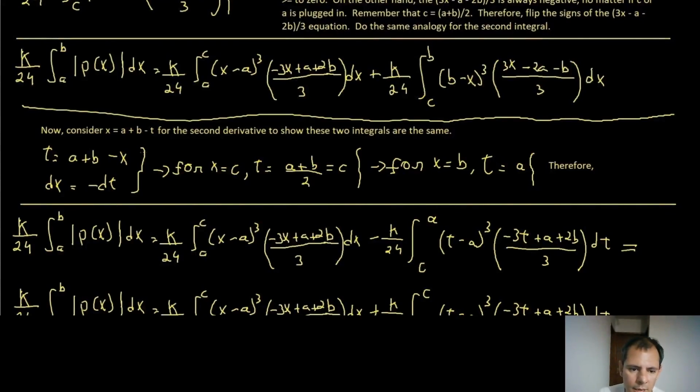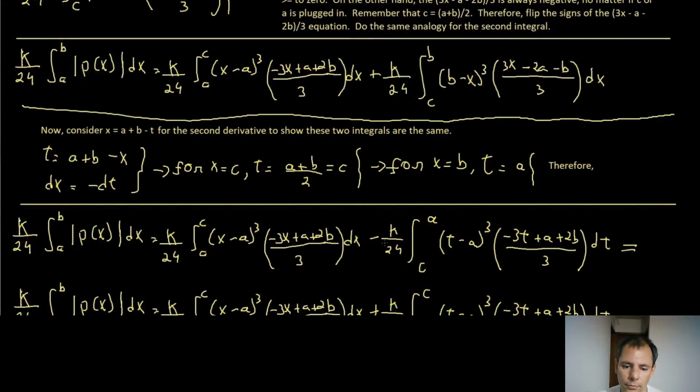Now when x is b, if you put a b here, it's going to be a plus b minus b, the b is going to be knocked out. So when x is b, t is going to be a, all right? And now you have the same limits of integration. You have a and c in here, and you have a and c in here, but it's flipped. In order to make this from a to c in here and from a to c in here, all you have to do is switch the limits of integration and make this negative sign become a positive.